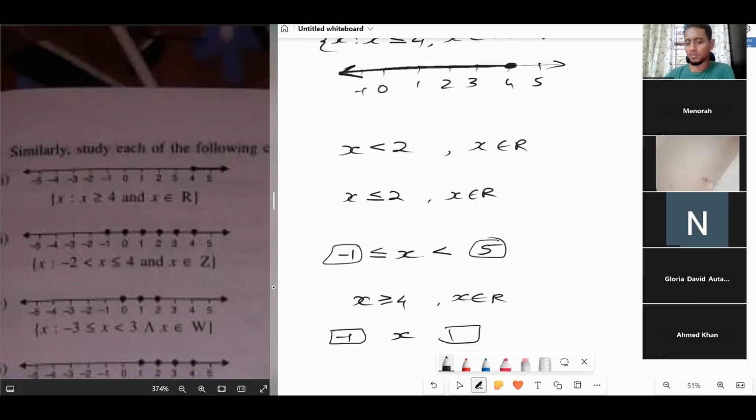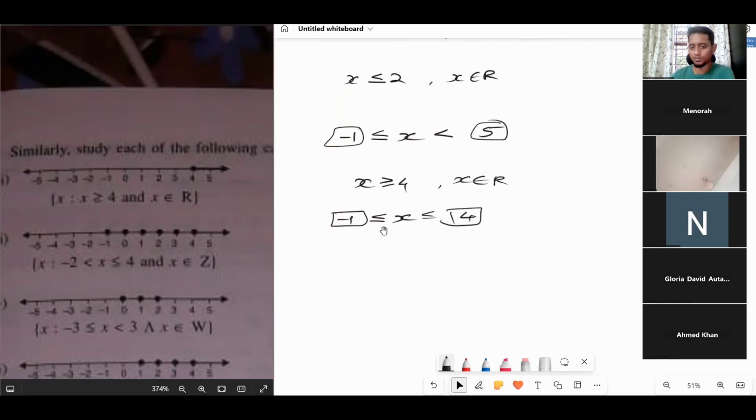And here less than or less than equal to? Less than equal to. -1 is included. Until 4. 4 is included. So less than equal to. Clear? This also can be written as -2 less than x less than 5.